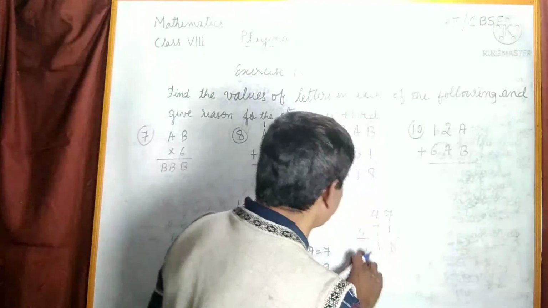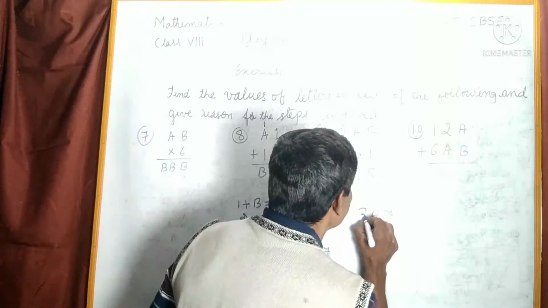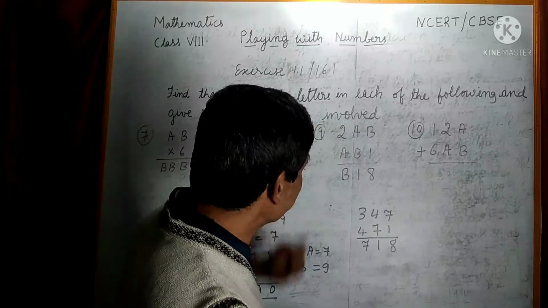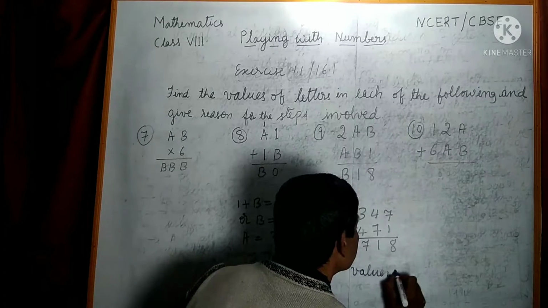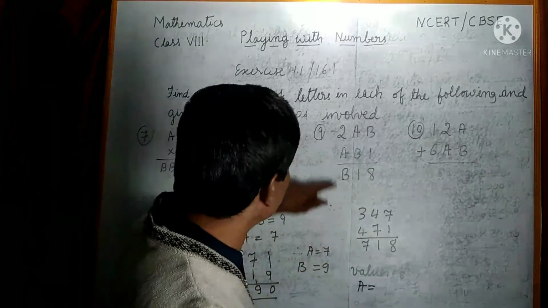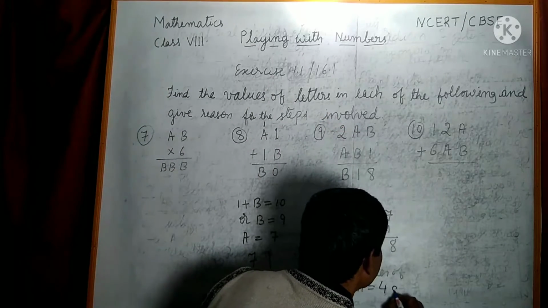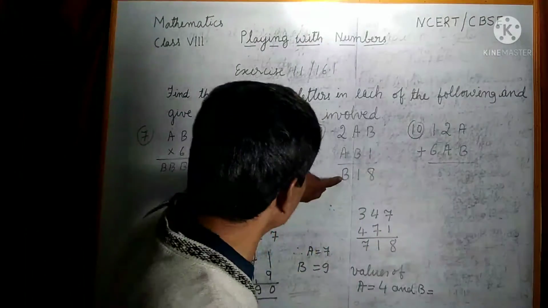So 7 minus 4 should be 3. Therefore the values of A and B are: A is equal to 4 and B is equal to 7.